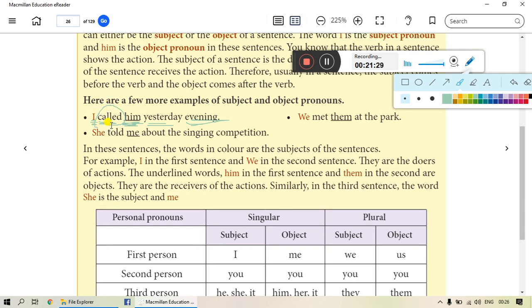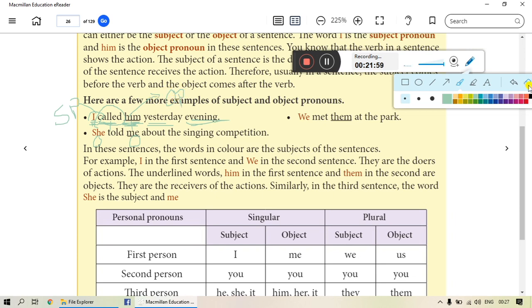And who is doing something? I called him. So I is the doer, called is verb, and him is the object. And also they are pronouns. I is pronoun, called is verb, and him is pronoun. So I will be subject pronoun and him will be object pronoun.